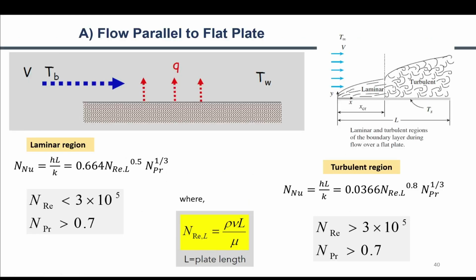So let's look at the first one: the flow parallel to a flat plate. We consider this parallel flow of a fluid. The blue arrow here is the cold fluid that is flowing over a plate.